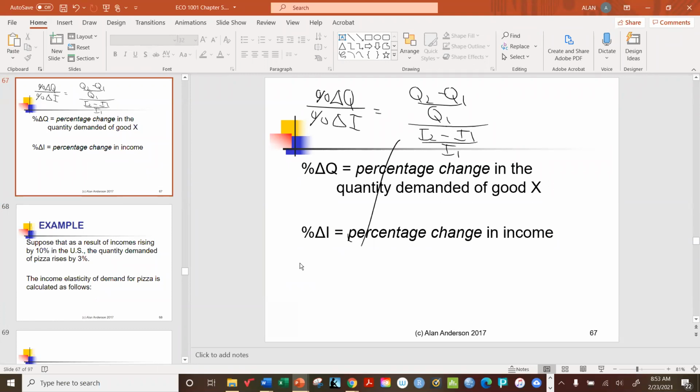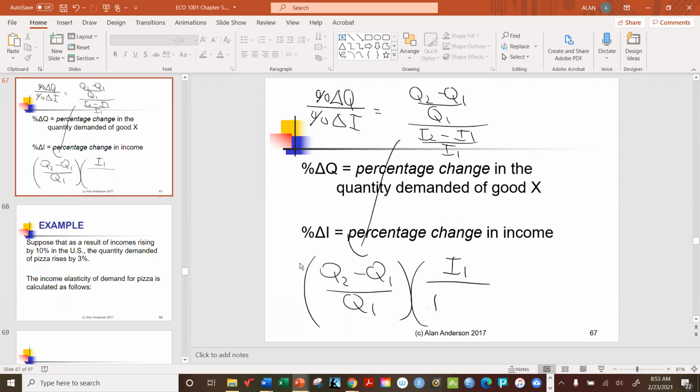And then that can be rewritten as, and so notice how we don't need to use the averages in here because we don't have this issue that we had with the price elasticity of demand.